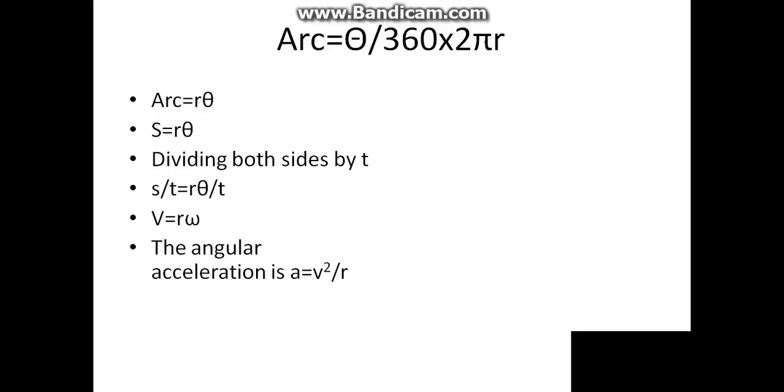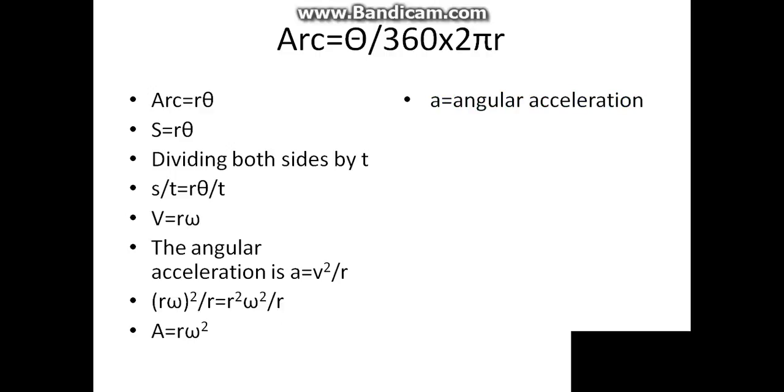Then substituting the value of v, which is radius times phi, into this equation, we have r squared phi squared over r. Therefore, acceleration A is equal to r phi squared.